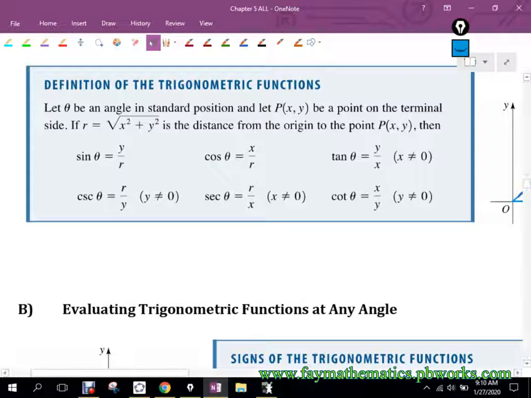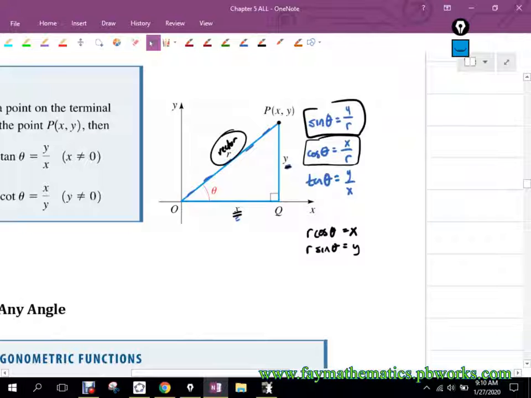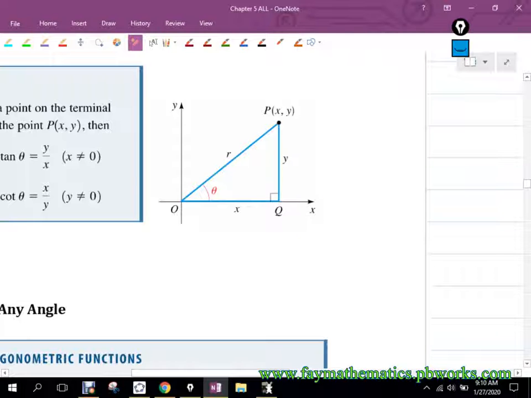Here's the idea. I'm just trying to lay this out generically for you first, and then we'll go to GeoGebra and show this working in actuality with specific values. So what they're saying here is that you are going to put this thing in the coordinate plane. It has to be in standard position.